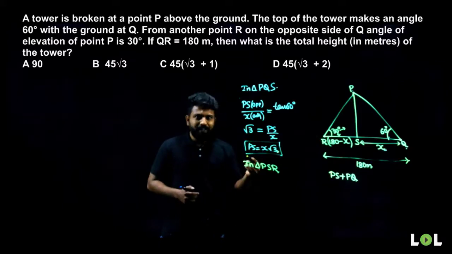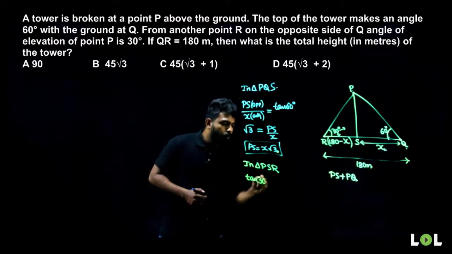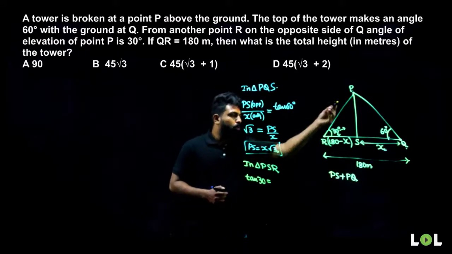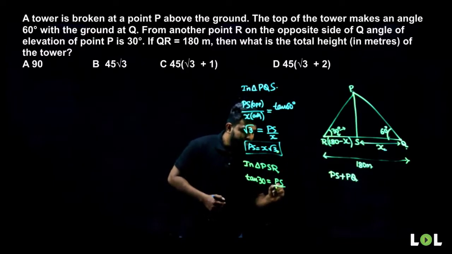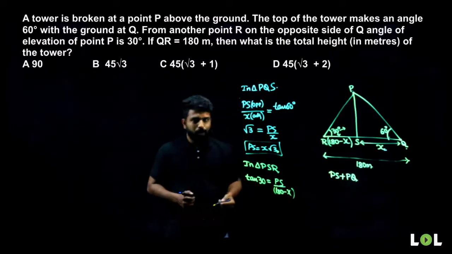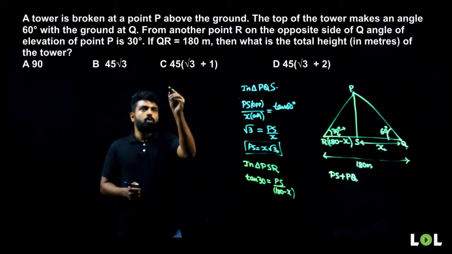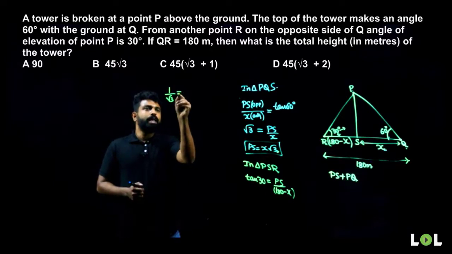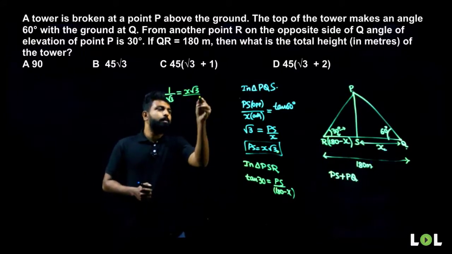Theta is 30 degrees, so tan 30 will be equal to opposite, that is PS divided by RS. RS is nothing but 180 minus X. What is the value of tan 30? Tan 30 is 1 divided by root 3. So 1 by root 3 will be equal to PS, that is X root 3 divided by 180 minus X.